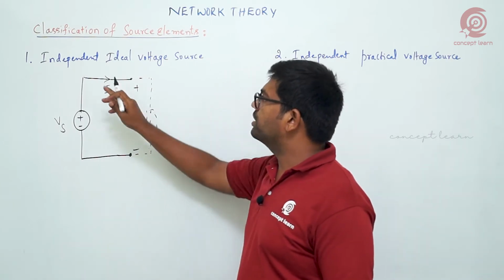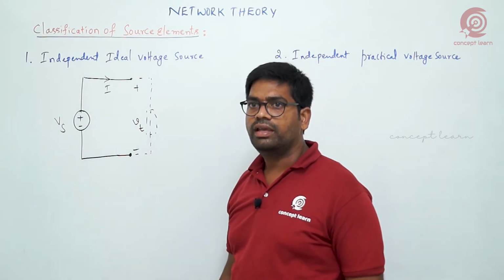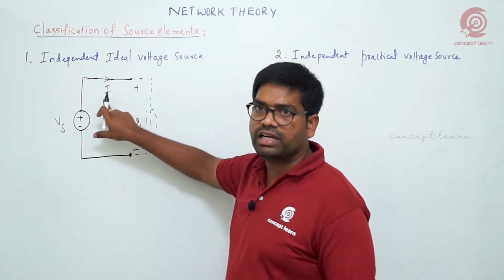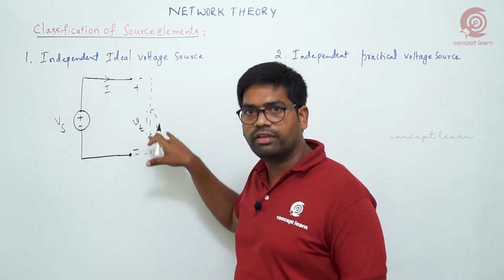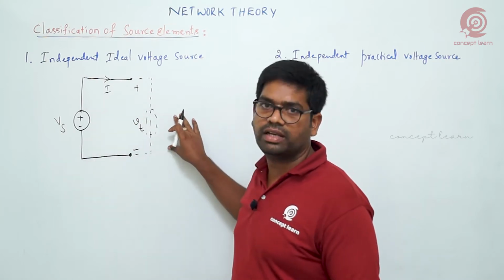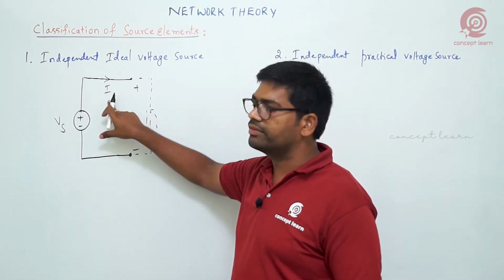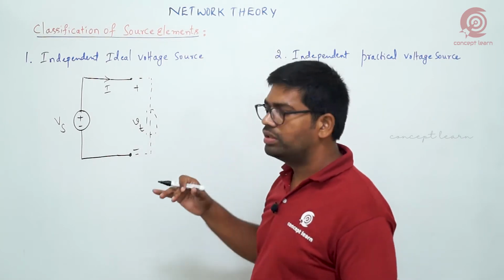Now how do we state the definition of an independent ideal voltage source? Here the terminal voltage is independent of the current flowing through it. This current is the current flowing from the source to that particular element or terminals. If the terminal voltage is independent of this current, then it is an ideal voltage source.